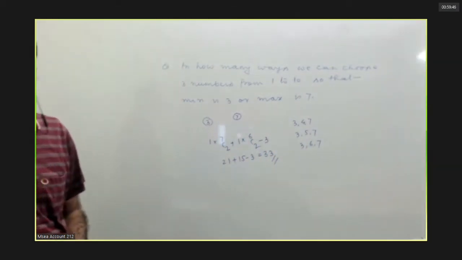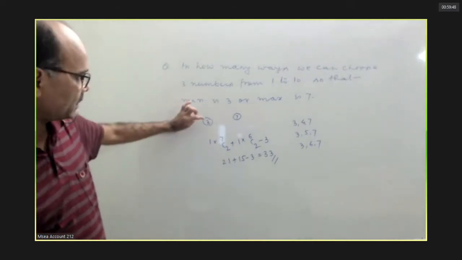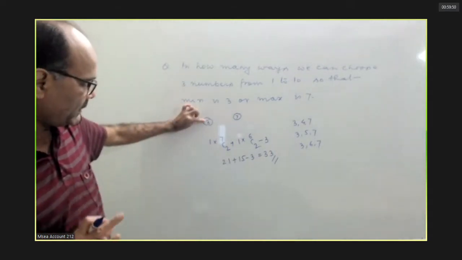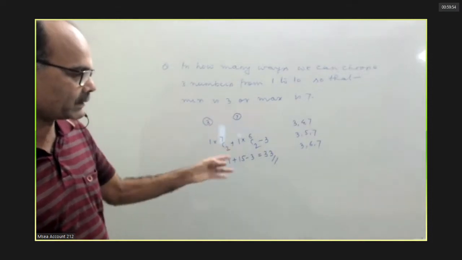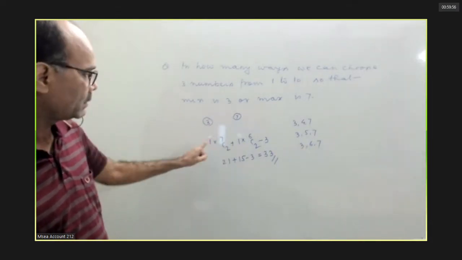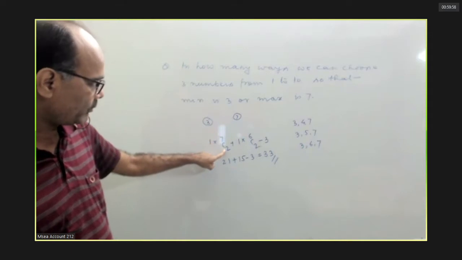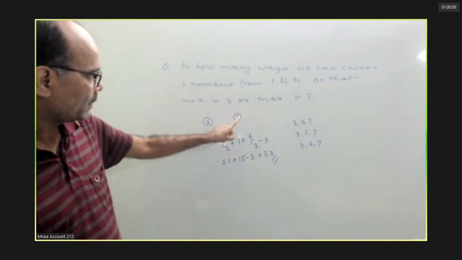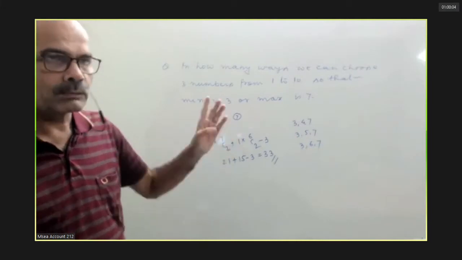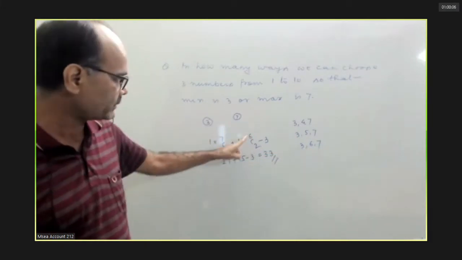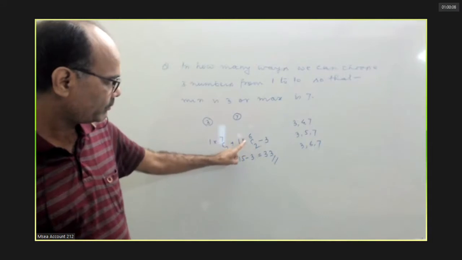Let me repeat. Let us select 3. Minimum is 3, one way. From the remaining 7 numbers, 4, 5, 6 to 10, we have to select 2. Plus, maximum is 7. Select 7, one way. From 1 to 6, out of 6, we have to select 2.